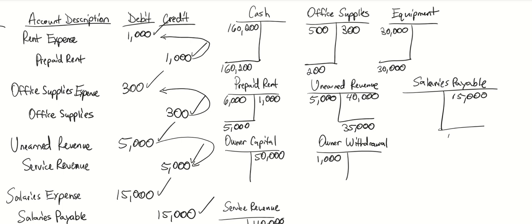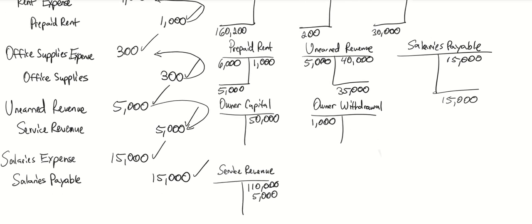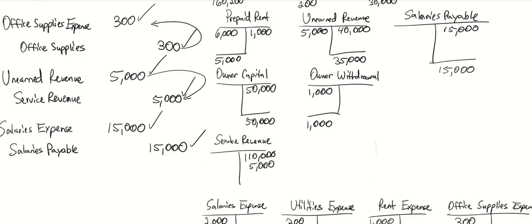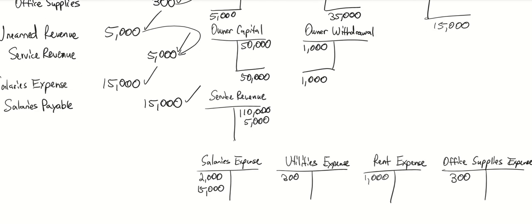Salaries payable has a $15,000 credit balance. Owner capital didn't change. That's a $50,000 credit balance. Owner withdrawal, $1,000 debit balance. Service revenue did change to $115,000 credit balance.